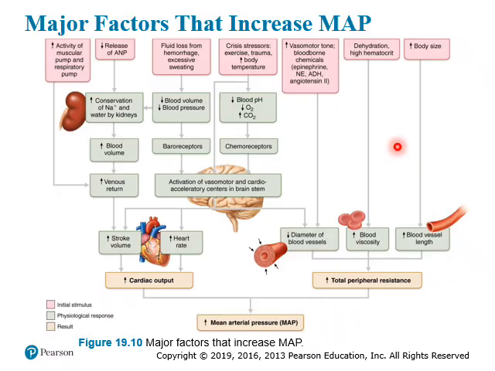So what would affect your mean arterial pressure? Well, first of all, your cardiac output needs to be increased. If your cardiac output is high, then you know that your mean arterial pressure is going to be high too. Your total peripheral resistance should be just about right, so that your mean arterial pressure is going to be good.